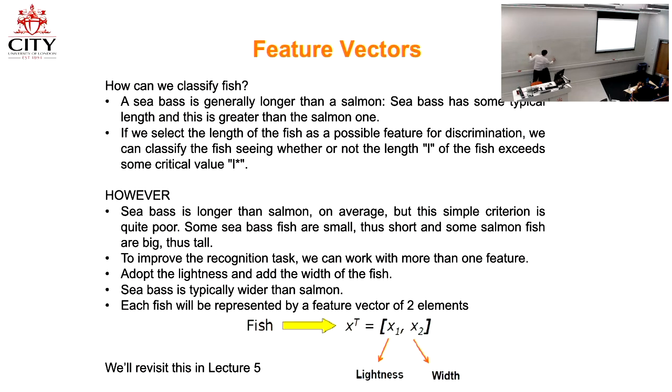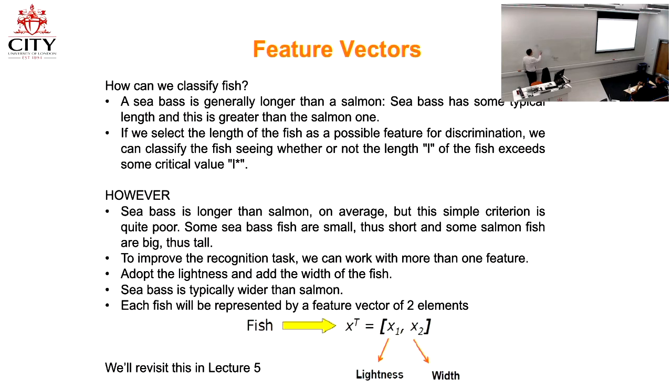I say this is lightness or width, and here we say length. So fish number 1, let's say this is 1 to 200, and this is 1 to 300, right?